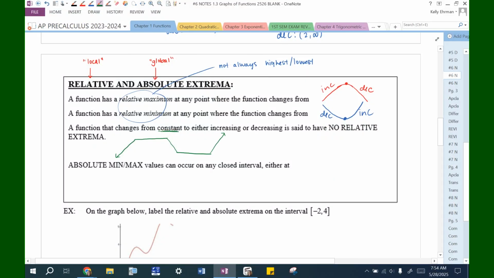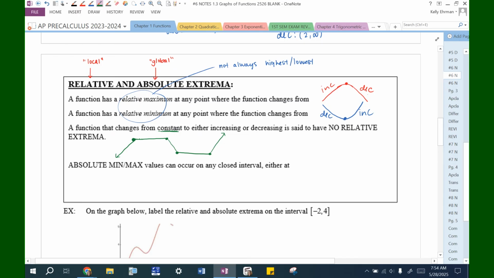Maybe that's my piecewise function. So none of these are relative extrema, because think about it. What makes this a relative max? It goes from increasing to constant. Why would this be a relative max versus the point next to it or next to it or next to it? It's got to be the highest or lowest point relative to that little section of the graph. Or again, the definition is changing from increasing to decreasing or vice versa.